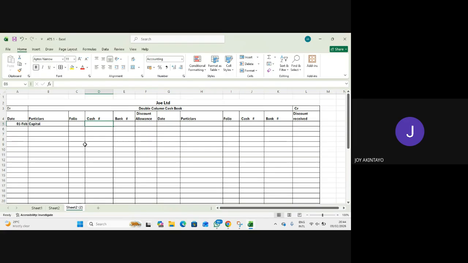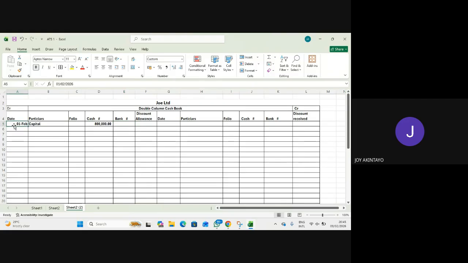So we have 800,000 naira here. Now on the 4th of the same month, we are being told that the money is being paid into the bank. Yes or no? Okay, this is January, not February.